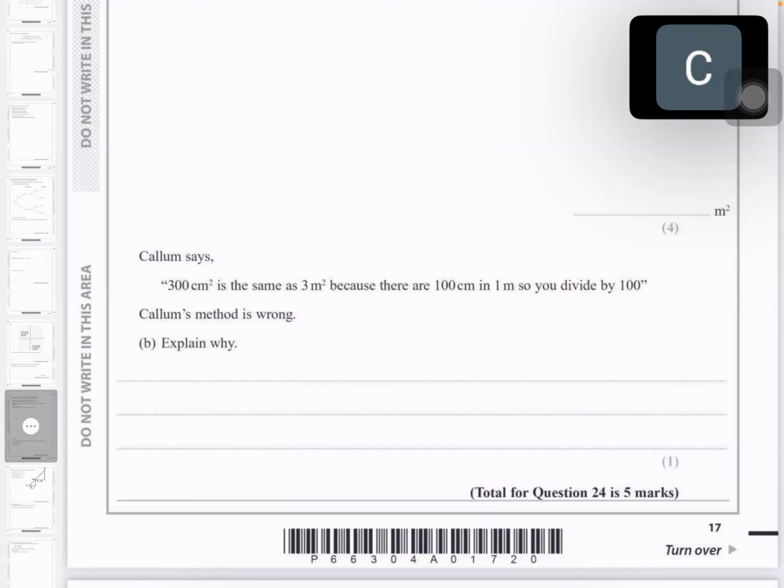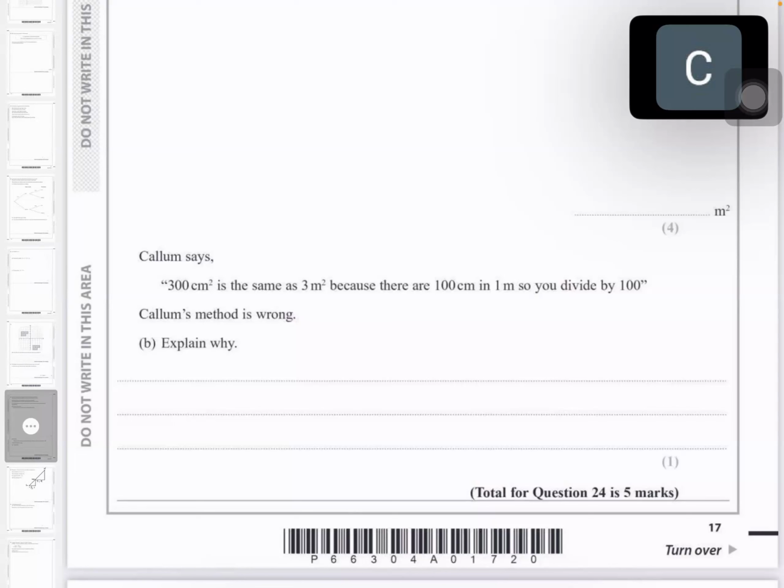Okay, so your starting point is to start from the fact that 1 meter is equal to 100 centimeters. Then establish what 1 squared meter would be. 1 squared meter is 1 meter times 1 meter. That is 100 centimeters times 100 centimeters.